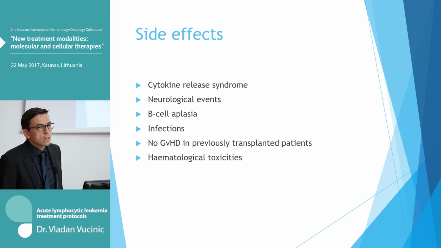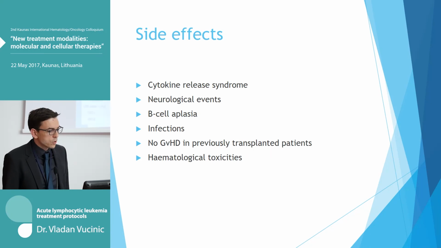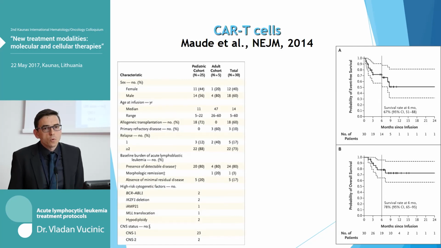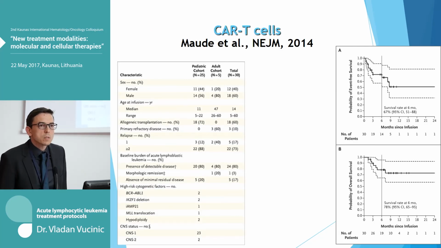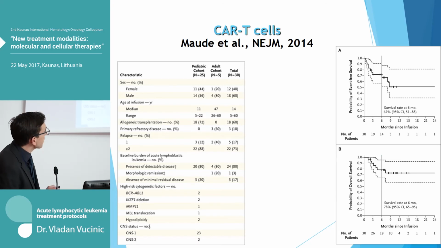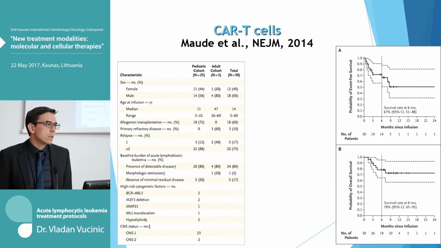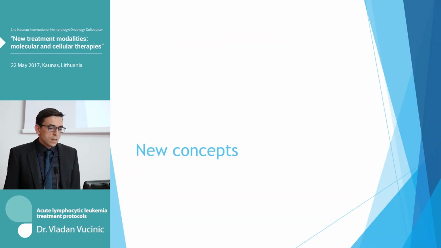They can get quite a lot of infections. Interestingly, in the data published by Shannon Mott, the patients who were previously allogeneically transplanted did not get any GVH. And here you can see the survival curves from the group of Mott and Carl June in Philadelphia.